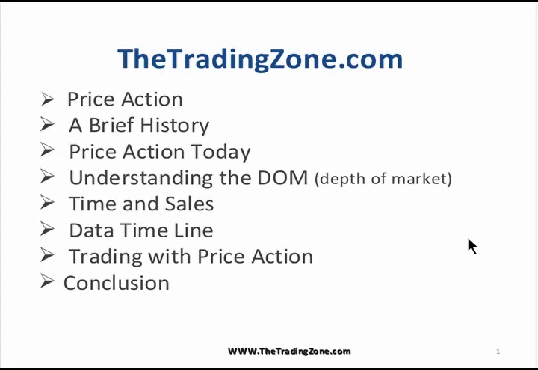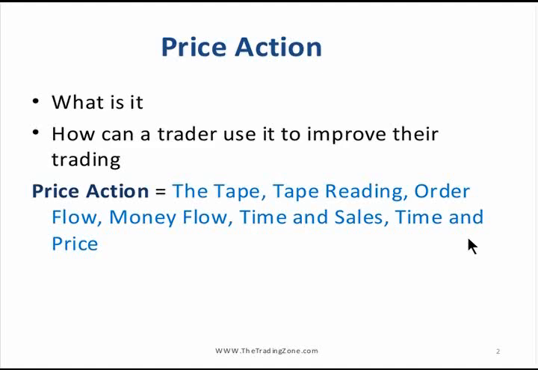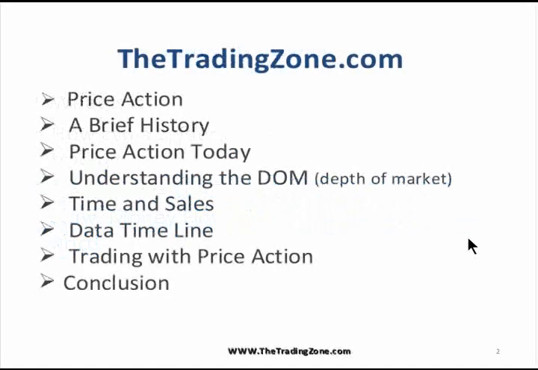Most traders don't think of actually pulling up a time and sales box to view that data because they're somewhat overwhelmed by it. But as we move forward in the presentation, you'll see that you can load up an individual panel for price action and read the raw data of the time and sales or the tape.